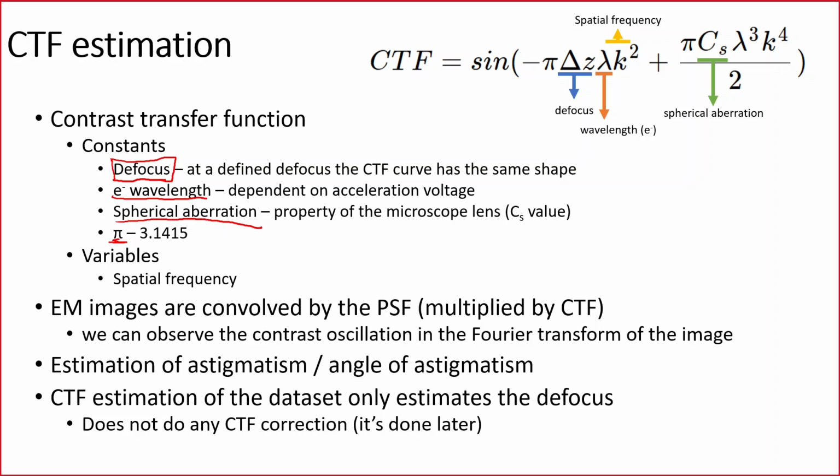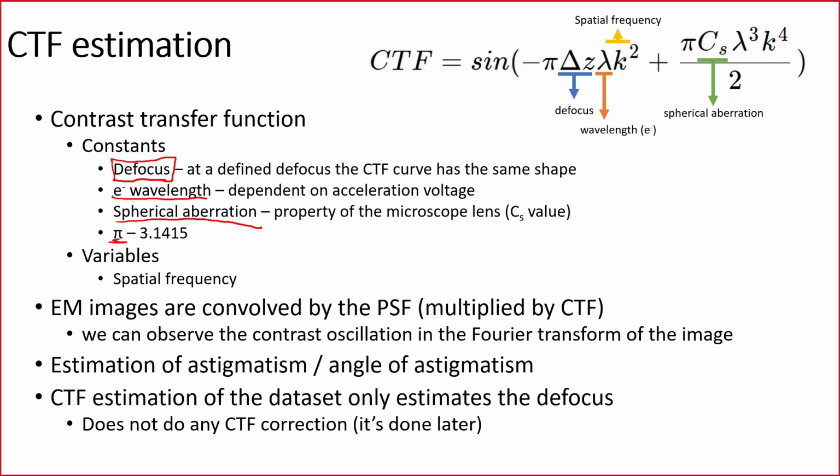Therefore, we can fit over this our desired contrast transfer function, which will vary depending on defocus. Also, what we can do is estimate the astigmatism and the angle of astigmatism.